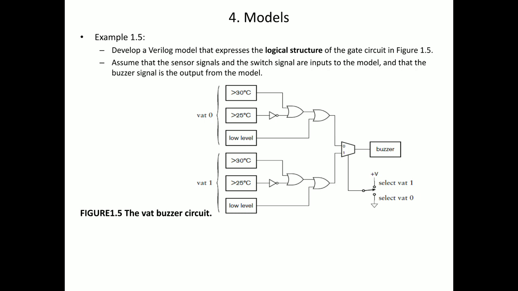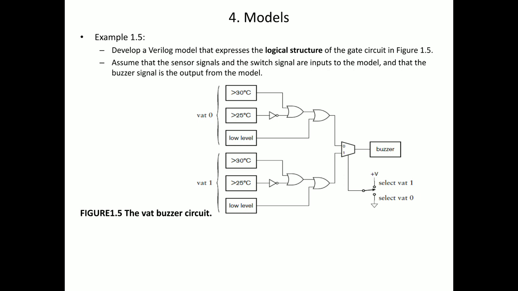In order to sense the temperature, we need sensor signals, and there will be a range of sensor signals. One signifies low temperature and the other signifies high temperature, and we'll be using two vats, vat 0 and vat 1, for pasteurizing milk at different temperatures.